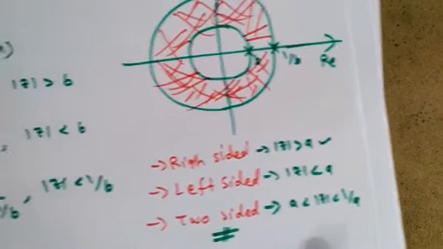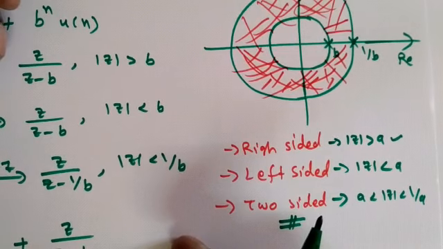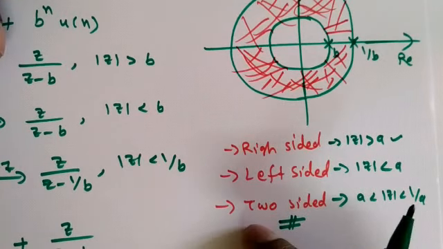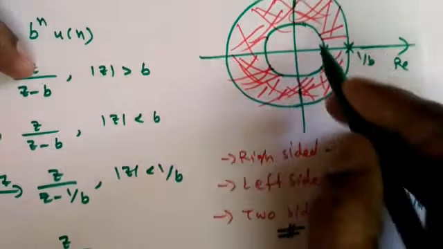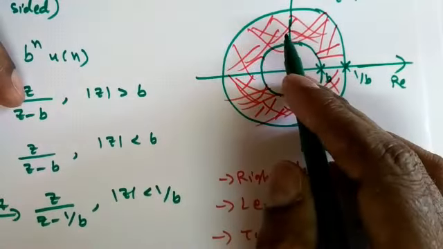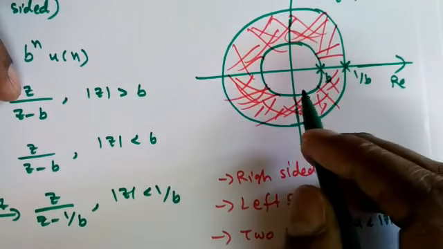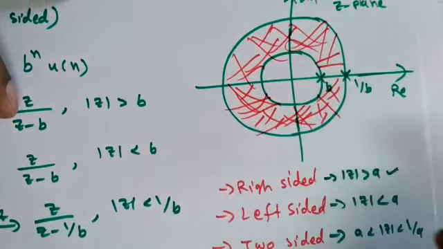So this is about the z transforms of some basic signals. In the next lecture, we will see some properties of these ROCs. What we discussed in the Laplace transform, the properties of ROC, the same properties will exist in the z transform also.